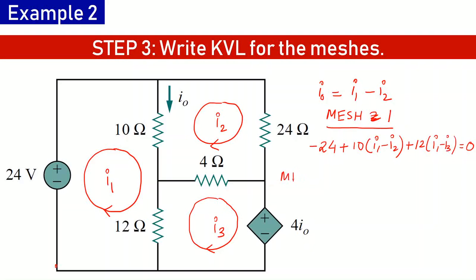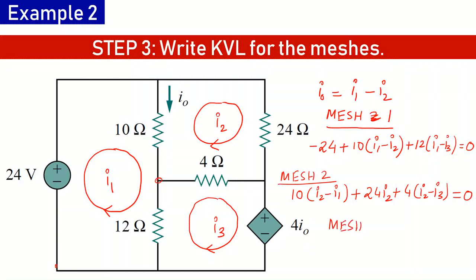Similarly, for mesh 2, starting from this point, the KVL equation is plus 10 (I2 minus I1) plus 24 I2 plus 4 (I2 minus I3), and that is equal to 0.